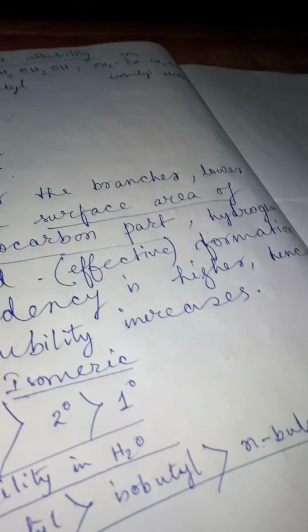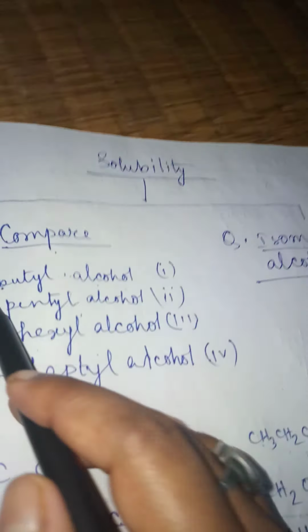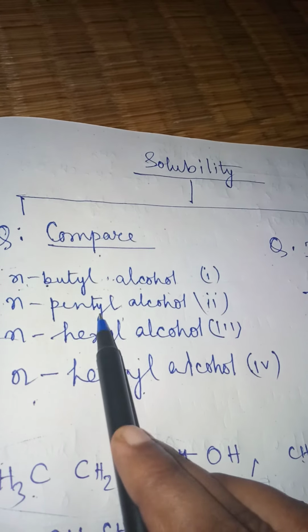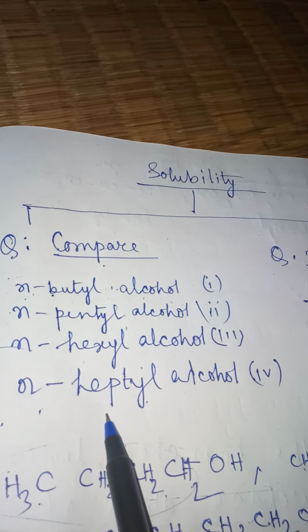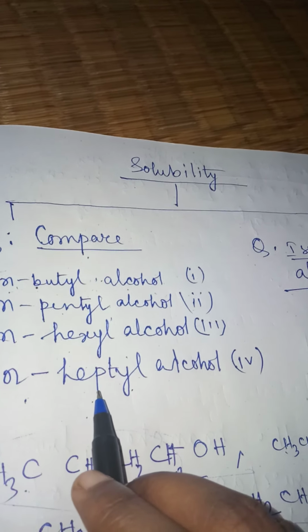So what have we discussed in this video? Number one, I already said, if the hydrocarbon part is bigger, we are talking about different alcohols where the hydrocarbon part increases slowly and their molecular masses are also different.